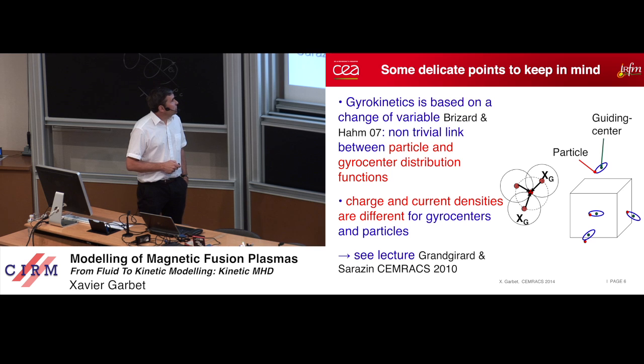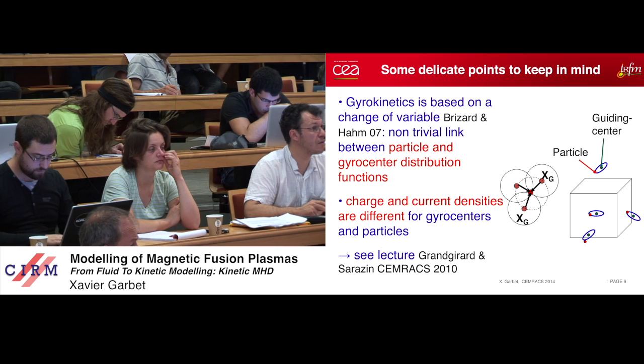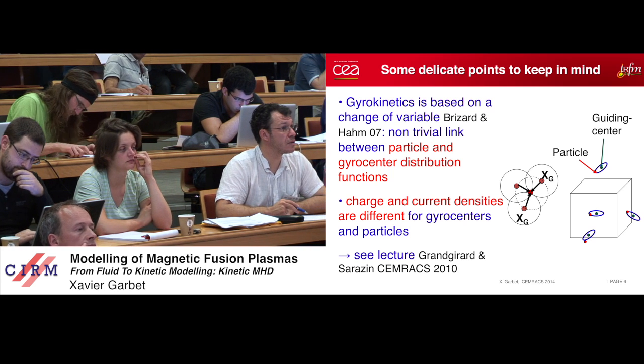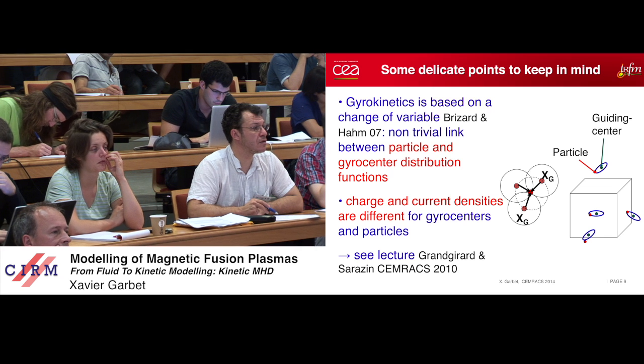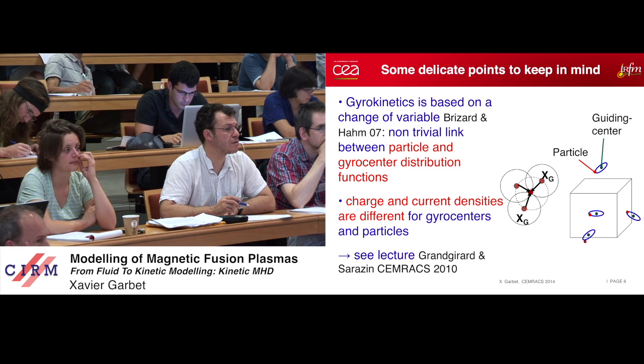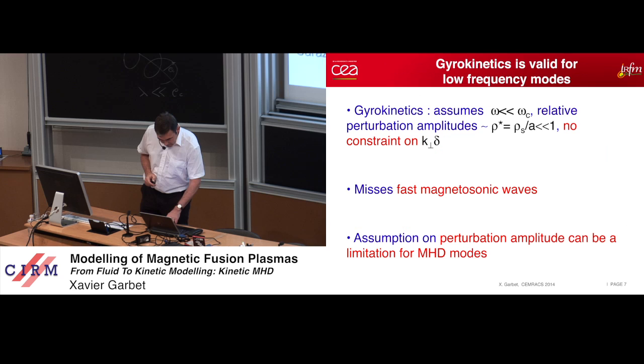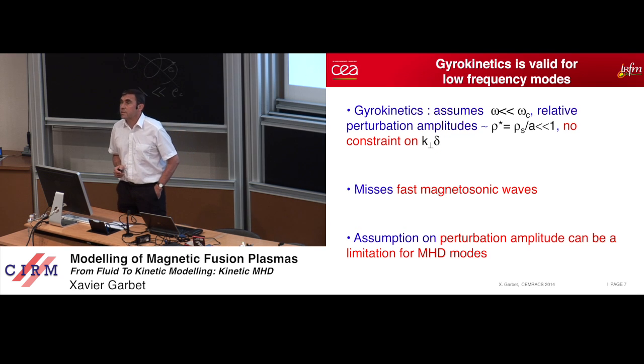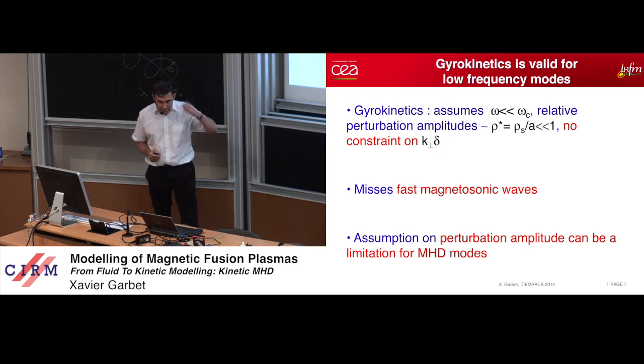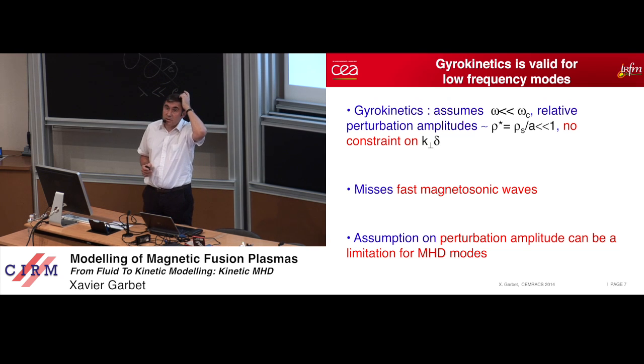You can also find all these details in the lectures by Virginie Grandgirard some 4 years ago here at the SEMRAX. Okay. And there is, of course, if you're interested, the overview by Brizard and Hahm in Reviews of Modern Physics 2007.